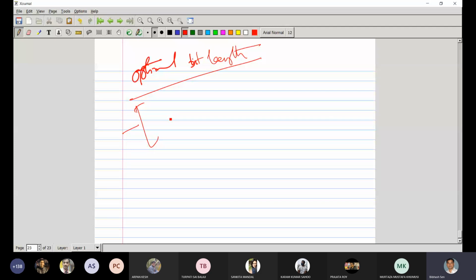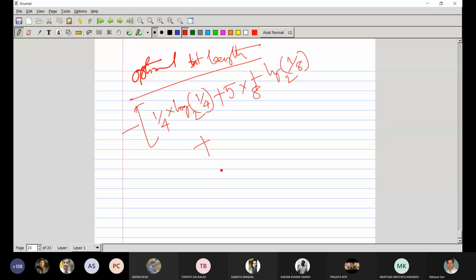I think the 1 is 1 by 4. 1 by 4 into log 2 of 1 by 4, plus 5 numbers of 1 by 8 instructions having log 2 of 1 by 8, plus 2 numbers of 1 by 16, log 2 of 1 by 16. So this is the given.